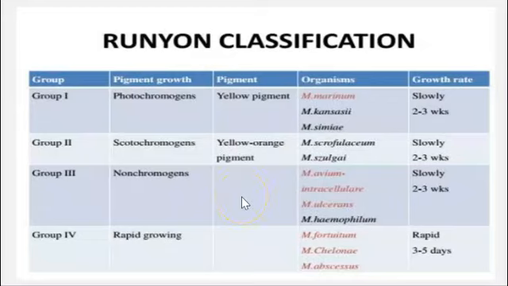And these do not produce any pigment. These are non-chromogens. And then you have your rapid growers. We've got one down here that we've talked about that grow rapidly at 3 to 5 days. So this is your Runyon classification, and how that works. It's based on pigmentation and photoreactivity of those species.